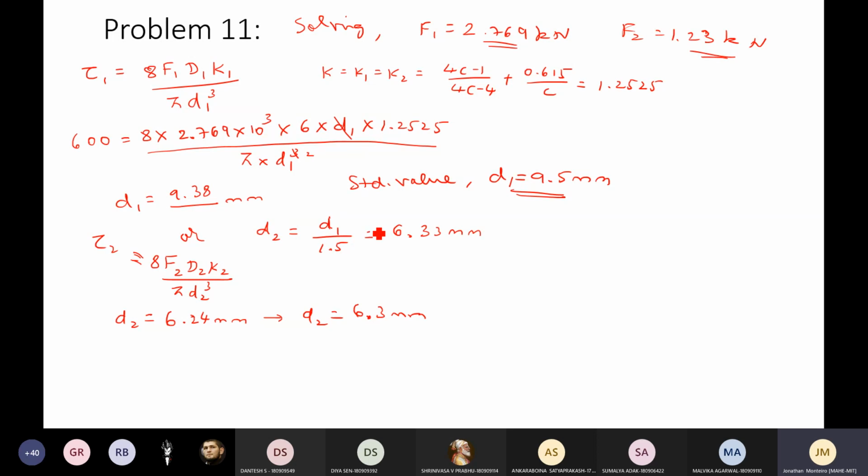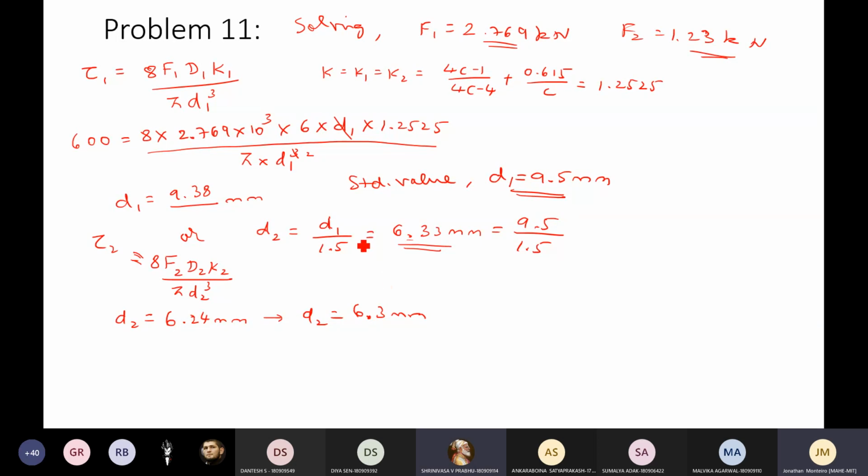And anyway, the 6.33 we got is already, look at this, an adjusted value of 9.38. How you got 6.33 is 9.5 by 1.5. Suppose we took the actual value of 9.38, then this would definitely come a little bit lesser, right? Within the bounds of 6.3. What do you say?